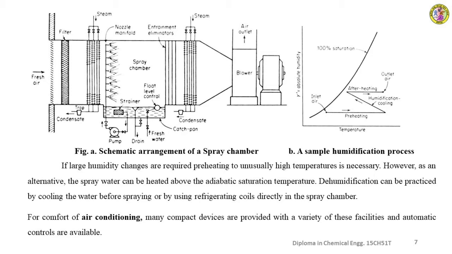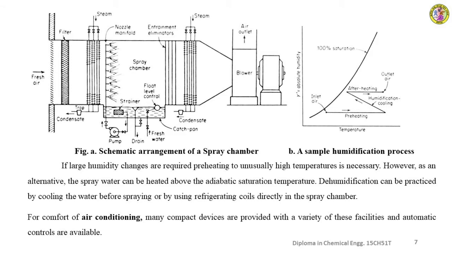Whenever we require large changes in humidity of the entering air, it is necessary that preheating of the air to very high temperature is required. However, there is an alternative method. We can heat the water above the adiabatic saturation temperature, so that results in maximum amount of water getting evaporated and added to air that enters the chamber.